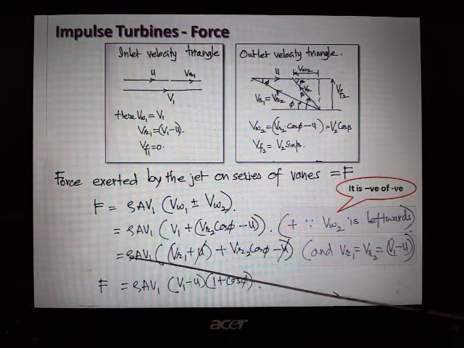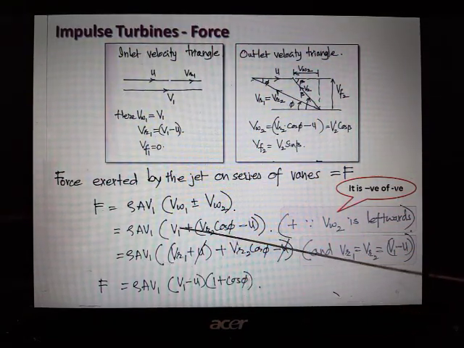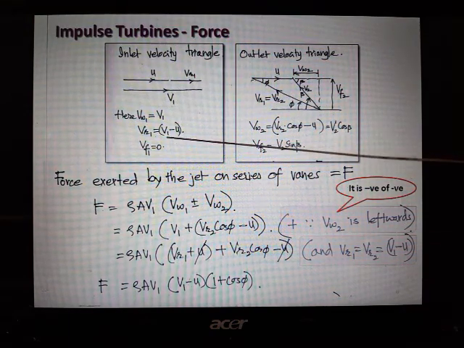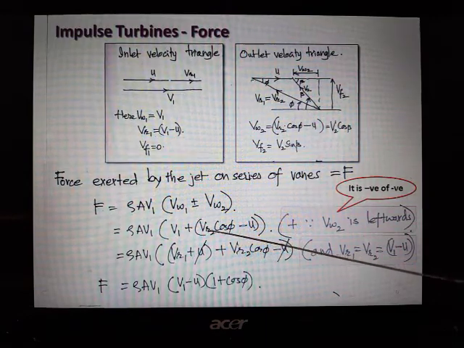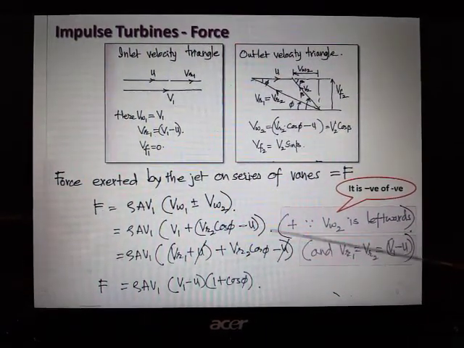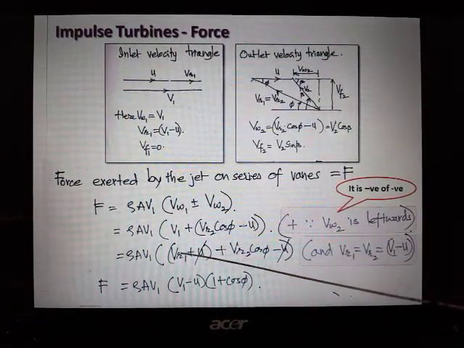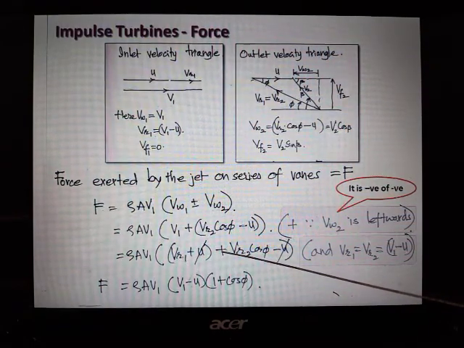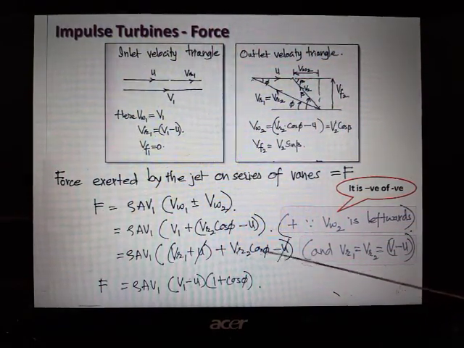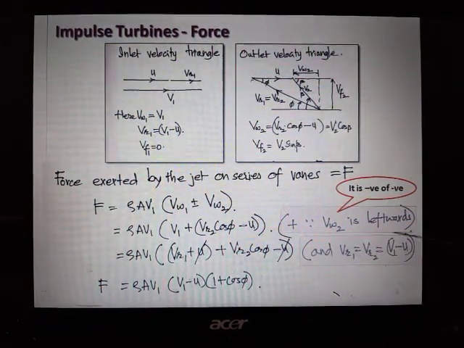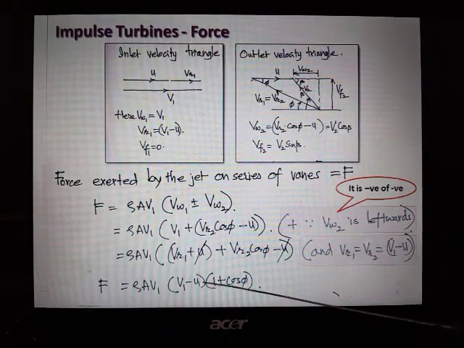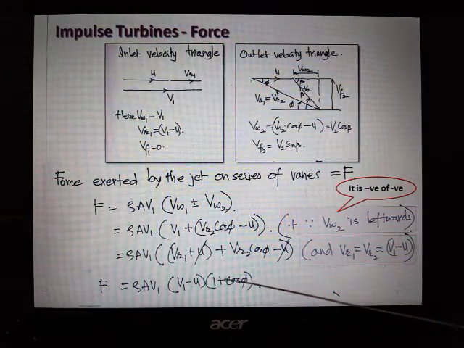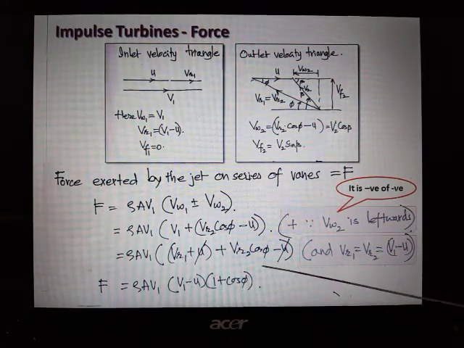Now rho a v1 is rho a times vr1 plus u. The vr2 cos phi minus u cancels off, so we'll be left with vr1 plus vr2 cos phi, but vr1 and vr2 are the same as v1 minus u, so if I take v1 minus u common, I'll be left with 1 plus cos phi.